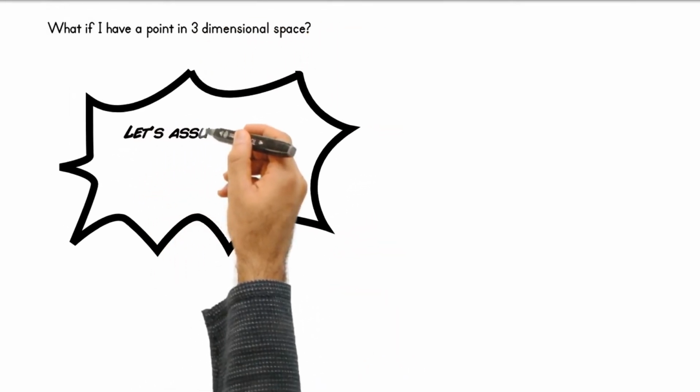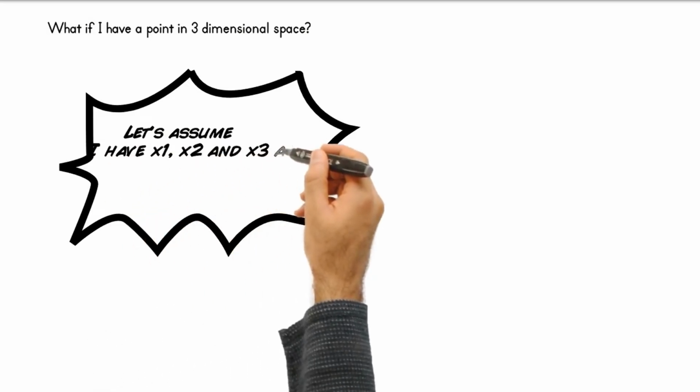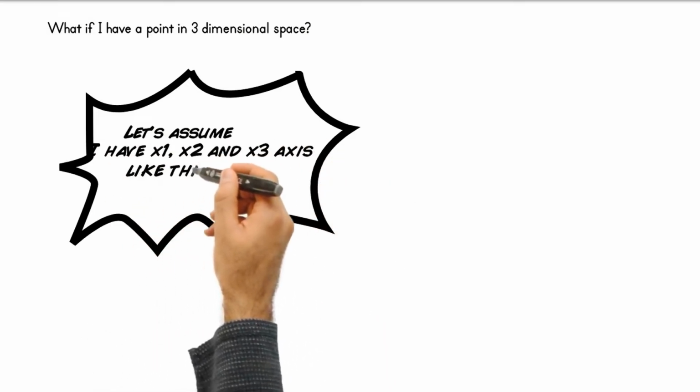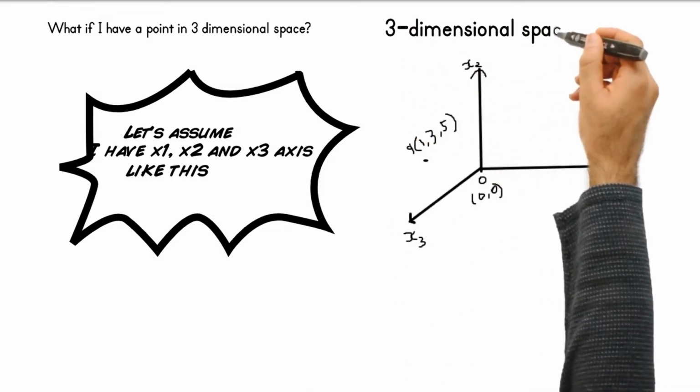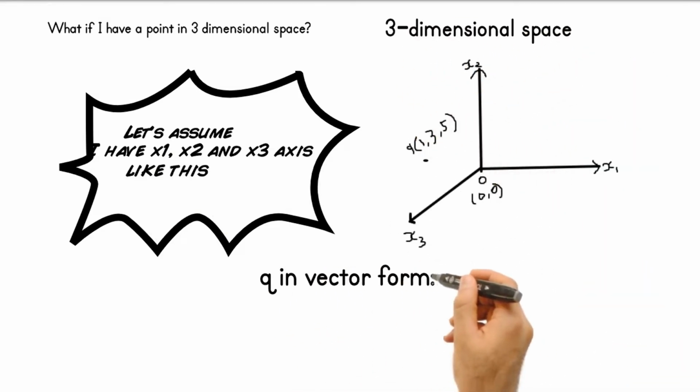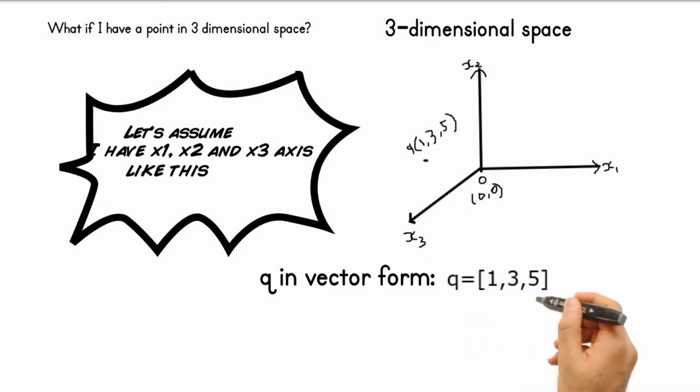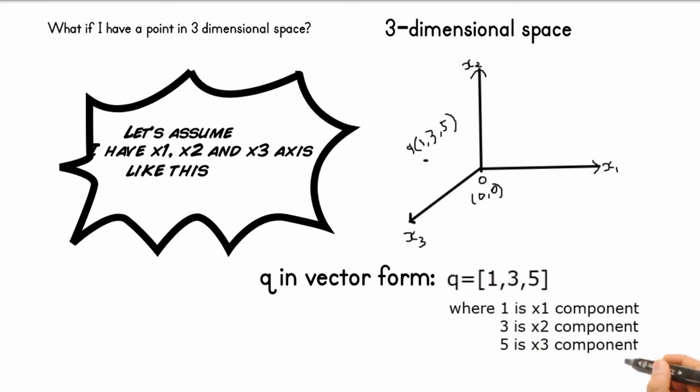What if I have a point in 3-dimensional space? I have x1, x2 and x3 axes like this, and there is a point here, let's say Q is 1, 3, 5, where 1 is the x1 component, 3 is the x2 component and 5 is the x3 component.